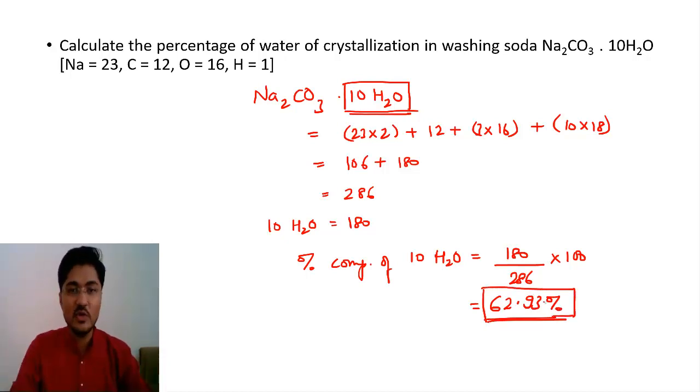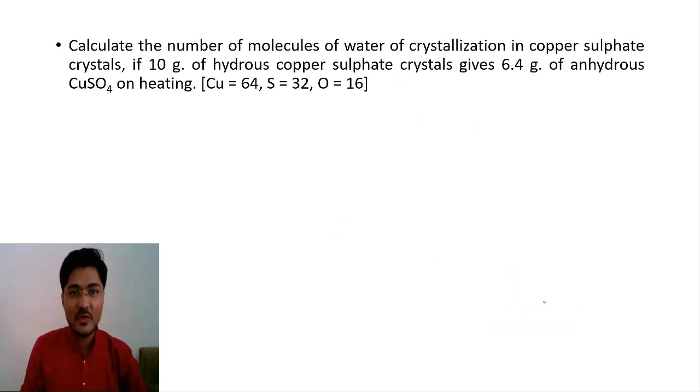Now let's look at the next question. Calculate the number of molecules of water of crystallization in copper sulphate crystal if 10 grams of hydrous copper sulphate crystals give 6.4 grams of anhydrous copper sulphate on heating.